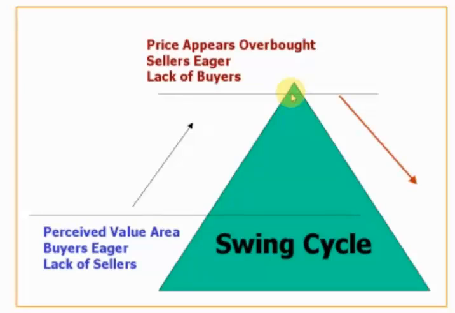Maybe the technical analysts see a resistance line at some point, or maybe the price has popped out of the top of a Bollinger Band, and you read in a book somewhere that that's overbought, and so the buyers tend to dry up, and the sellers are more eager.